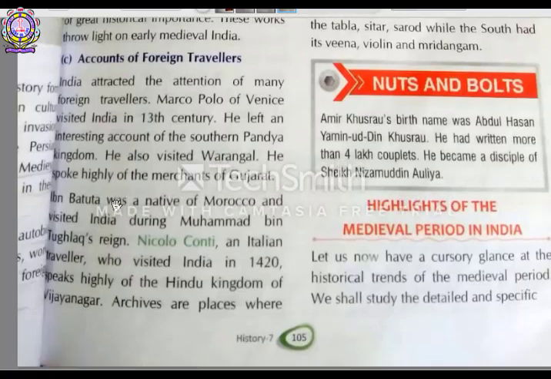Ibn Battuta was a native of Morocco and visited India during Muhammad bin Tughlaq's reign. When Muhammad bin Tughlaq was the administrator of India, Ibn Battuta came to India, and Ibn Battuta is related to Morocco.